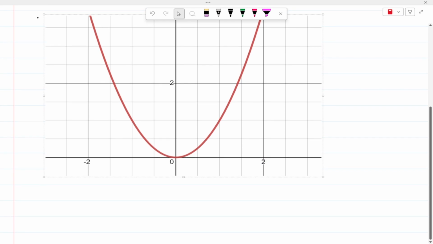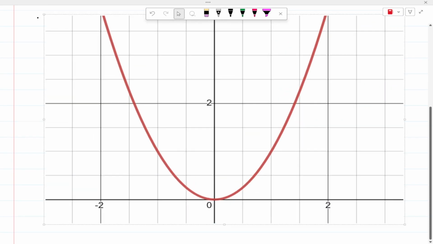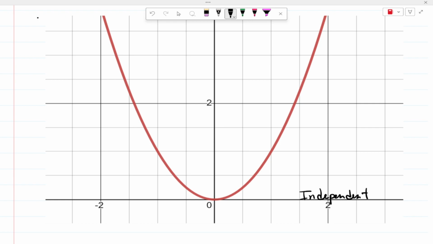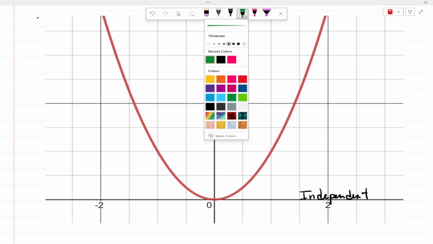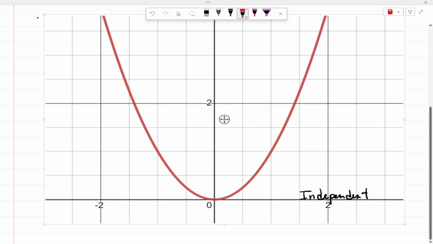Now, across the x-axis, we call this our independent variable. All right. This is going to be our domain.